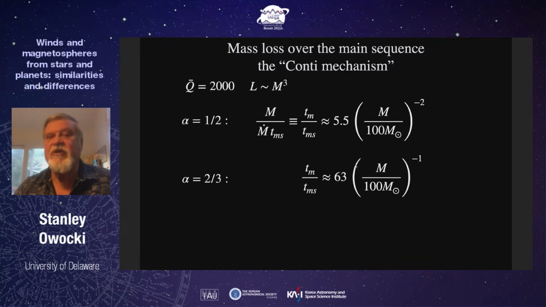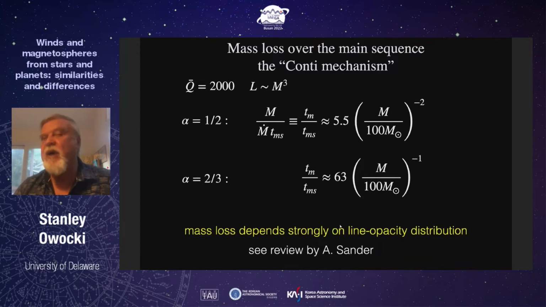It depends sensitively on this line opacity distribution. So in reality, the people who work on these stellar winds spend a lot of time trying to figure out what the line opacity is like and how it feeds back with the hydrodynamics of the stellar wind. And I expect that this issue will be a major focus of Andreas Sander's review on hot star winds.